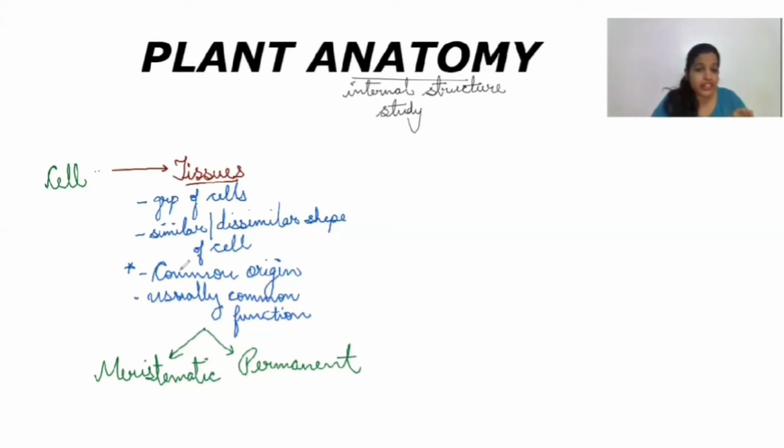So let's write this point. So meristematic cells are made up of immature cells continuously dividing. Okay, they have the division capacity, continuously dividing.